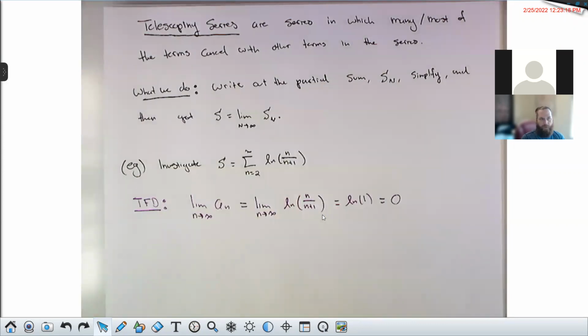So what do I get from TFD? If the limit of the a_n's is equal to 0, what does the test for divergence tell me? Does the series diverge? Does the series converge? Or do I learn nothing?